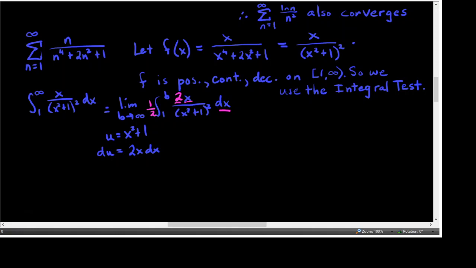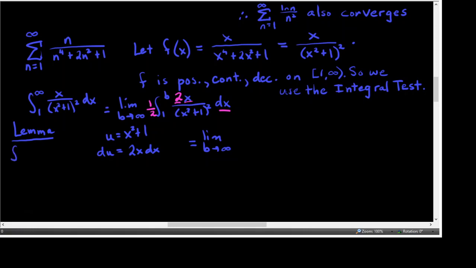Okay, so that's the limit as b approaches infinity of, and at this point we really don't want to change the variable on improper integrals. So a lot of times you'll see me going off to the side and dealing with just the antiderivative part.